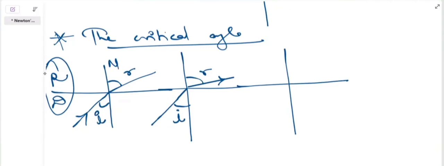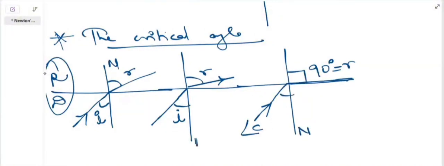If I give more angle of incidence, I will observe that now the angle of refraction is exactly 90 degrees and it is coinciding with the surface. This angle is known as the critical angle, at which the angle of refraction becomes 90 degrees.